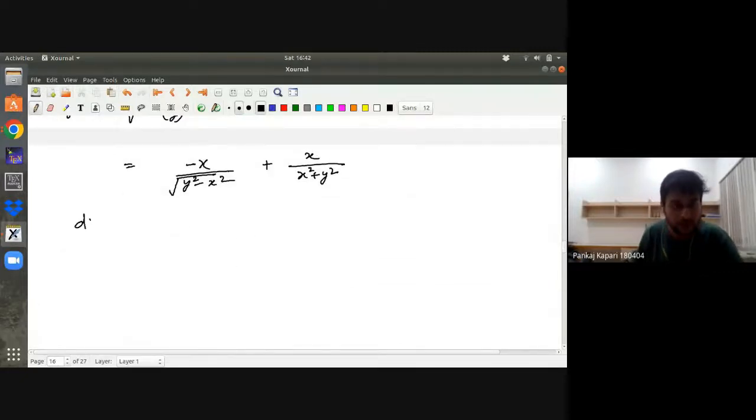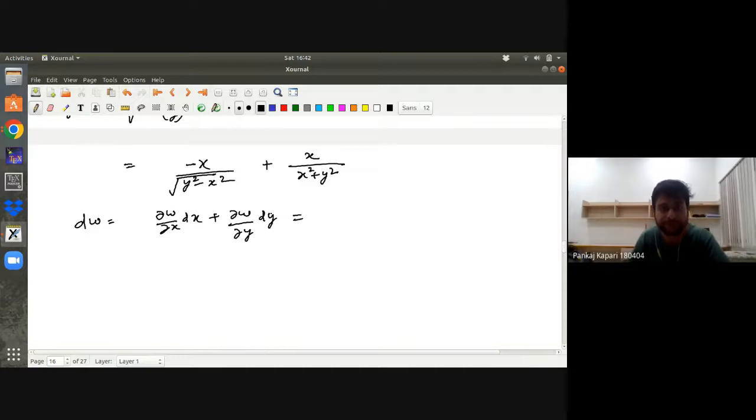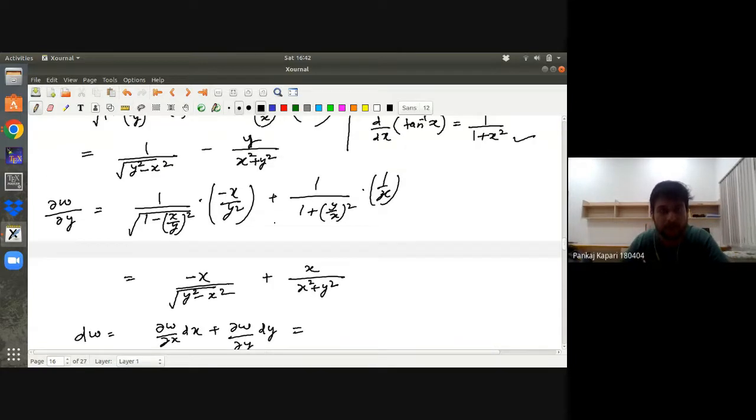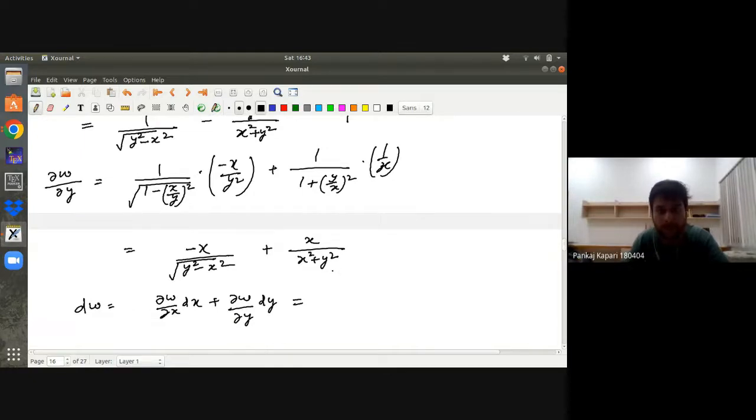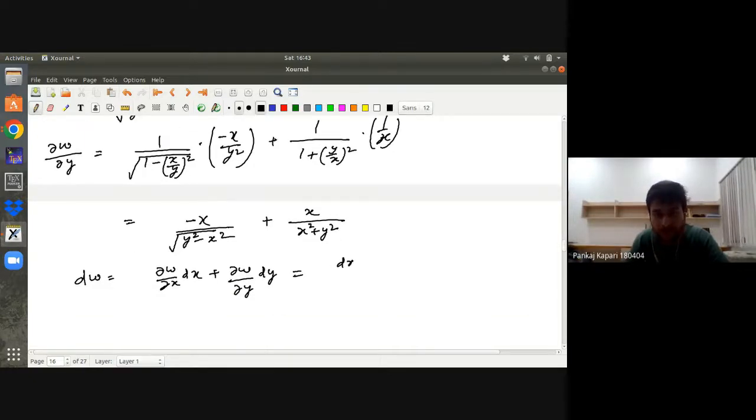So dw is equal to the partial derivative of w with respect to x times dx plus the partial derivative with respect to y times dy. So when you add these quantities, what will you get? Just add these two. This is dx minus x dy divided by y square minus x square.